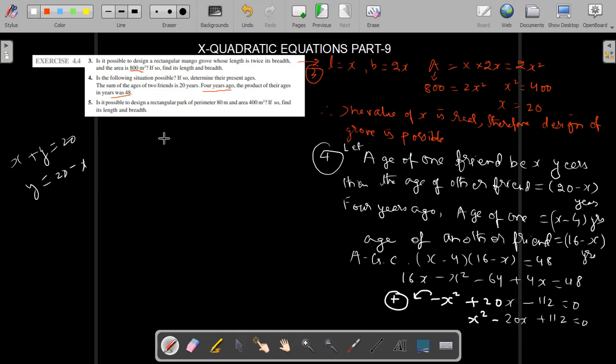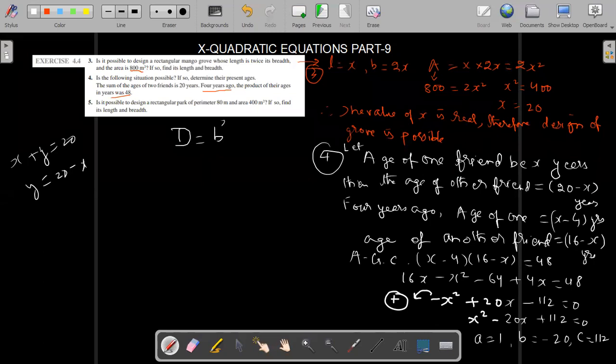Now we have to check: here a is equal to 1, b is equal to minus 20, and c is equal to 112. So we have to find the discriminant to check whether it has real roots or not.